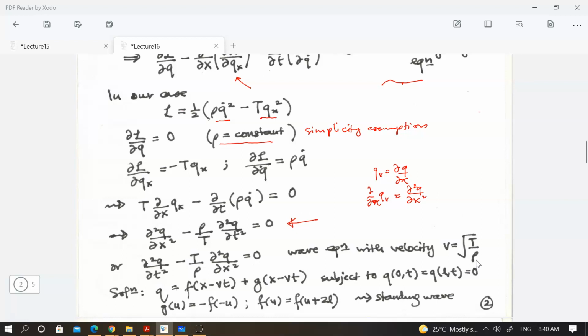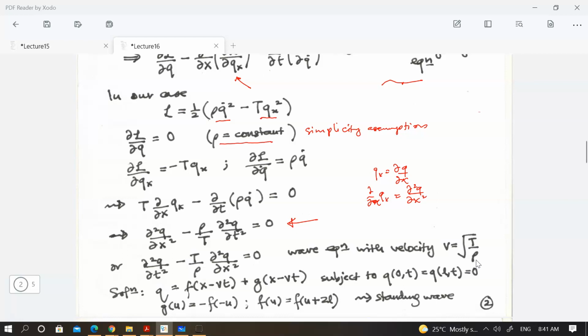So you get this second order derivative of q with respect to time minus something times the second order partial derivative of q with respect to x.